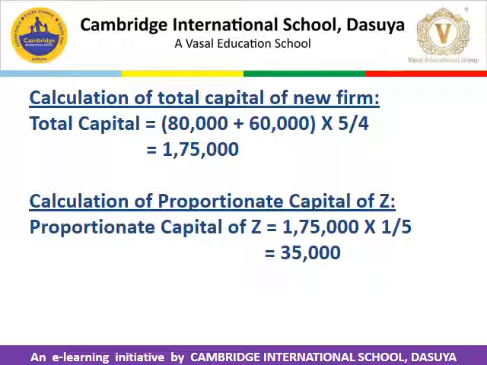We will multiply 1 by 5 with the total capital, that is 1,75,000, and it works out at rupees 35,000. It means Z would bring rupees 35,000 as his capital to be admitted in this firm.